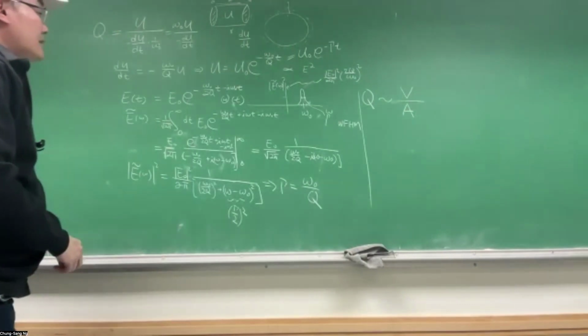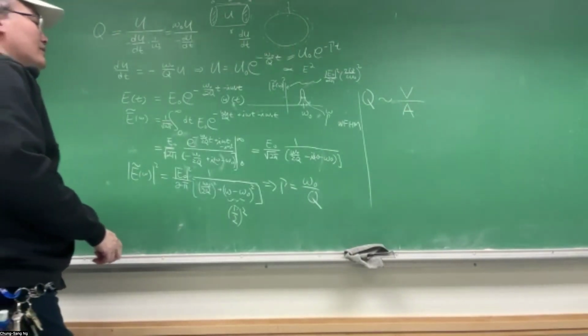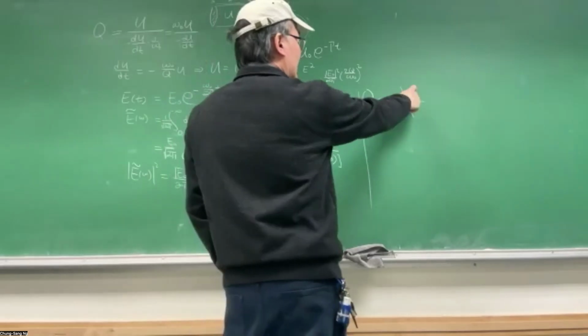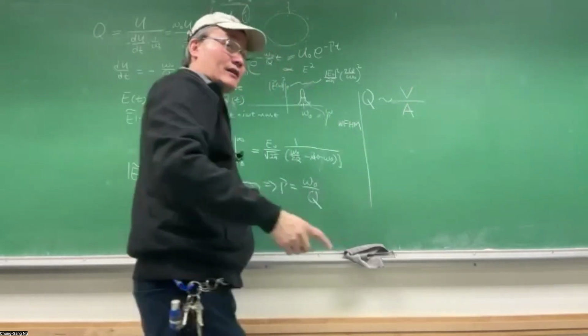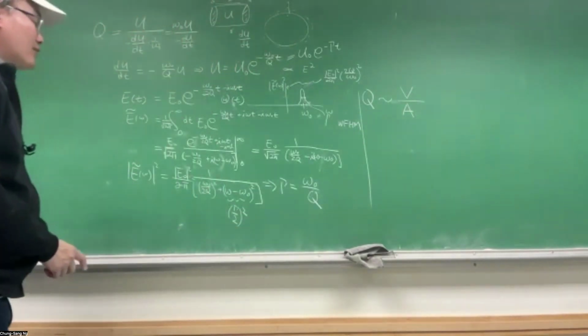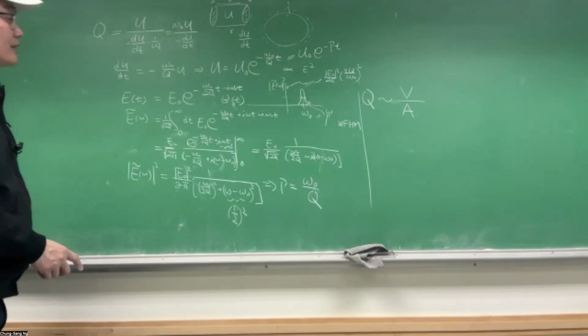And now we're looking for a dimensionless number that will give you Q. So this is volume, this is area. So we need another length, a dimension of length of the problem, to make it dimensionless.